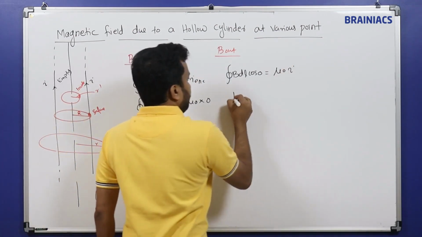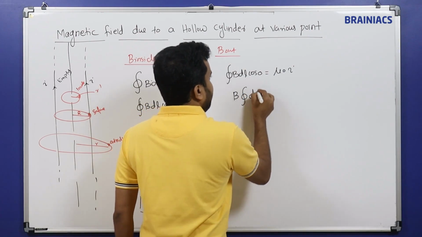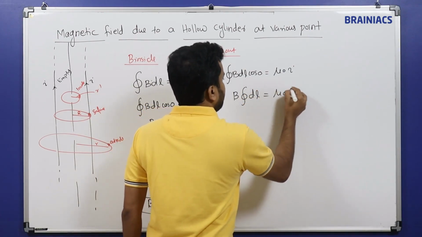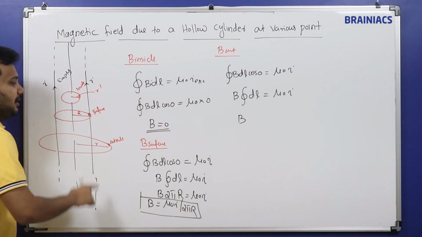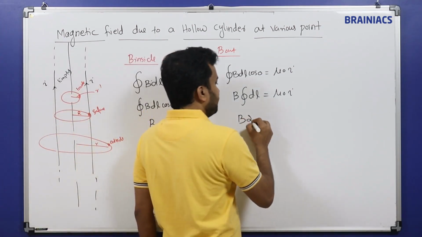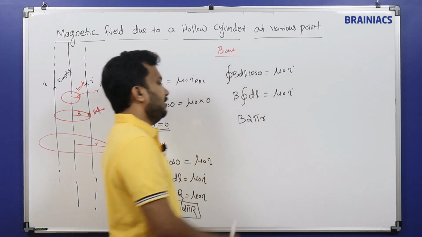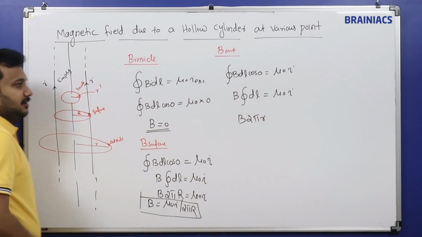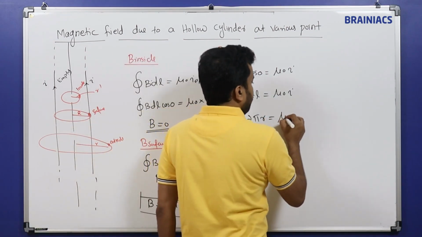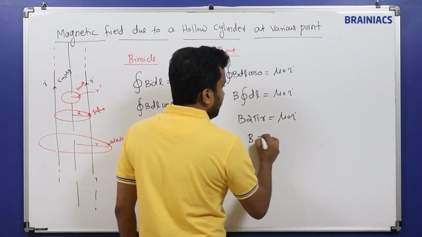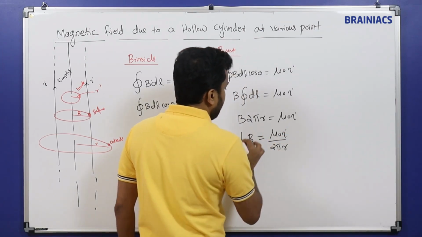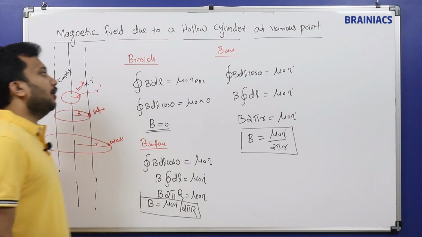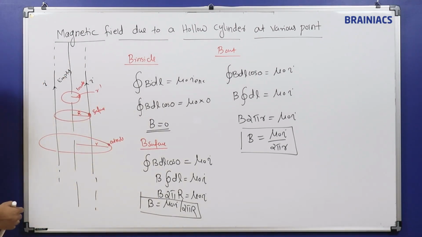So B into closed integral dl equals mu 0 times I. Class, what is closed integral dl? dl equals L, the perimeter, which means 2 pi r, small letter r, because now the radius is small r, equals mu 0 times I. So B equals mu 0 I by 2 pi r. Now we have the magnetic field intensity at various points: inside, surface, outside.